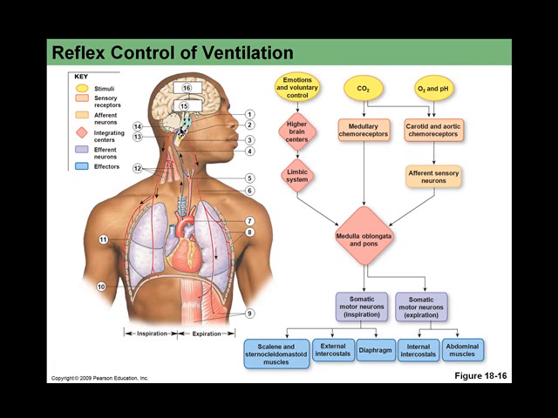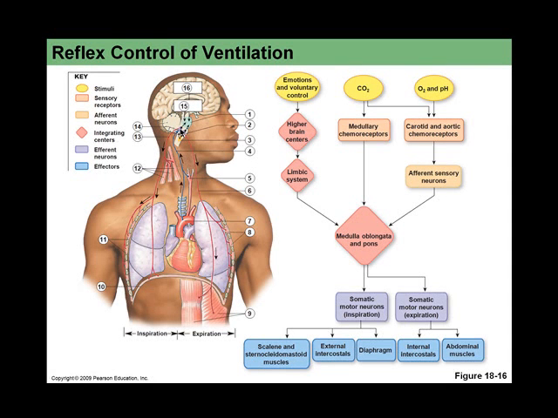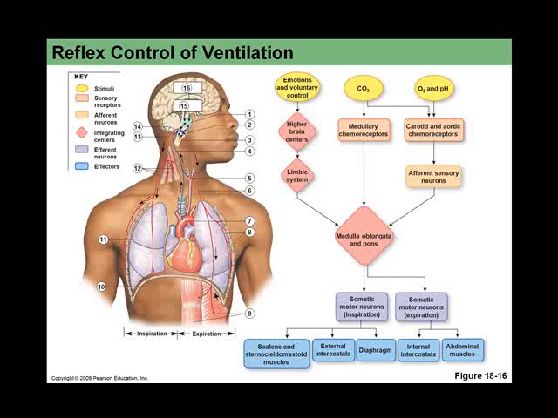And then these areas in the medulla will have fibers that, very interesting how they show it, they're showing them going directly to the skeletal muscles for inspiration and expiration here on the individual's left side in the illustration.